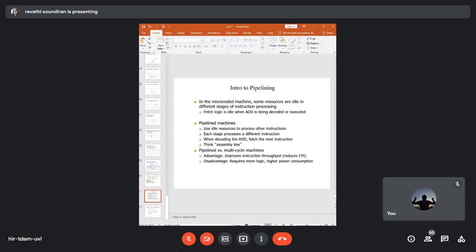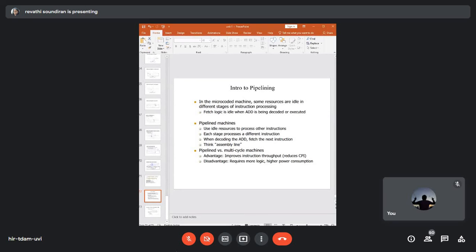If you are able to club the processes and use the resources most of the time, then you go with the concept of pipelining. Pipelining is the ideology where you use idle resources to process other instructions.